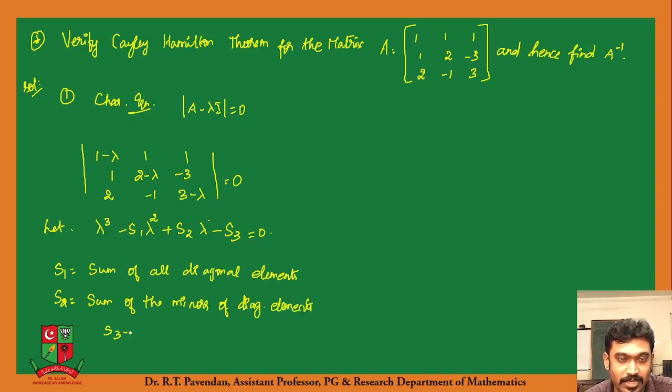And S3 will be the determinant of the given matrix A. With this idea, let us understand what S1 is. We have to get the values of S1, S2 and S3 from the given matrix A.